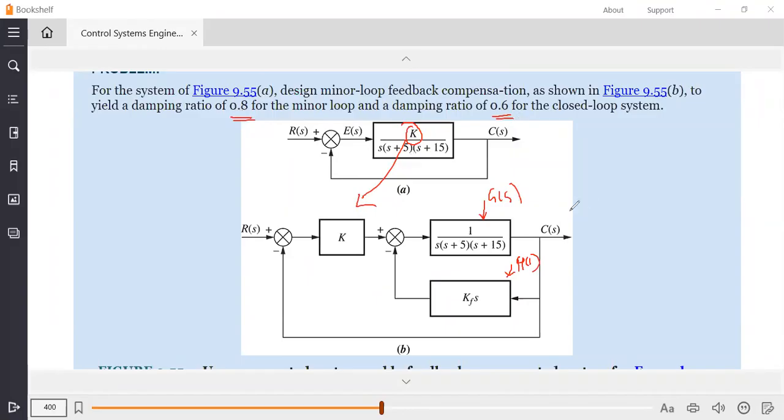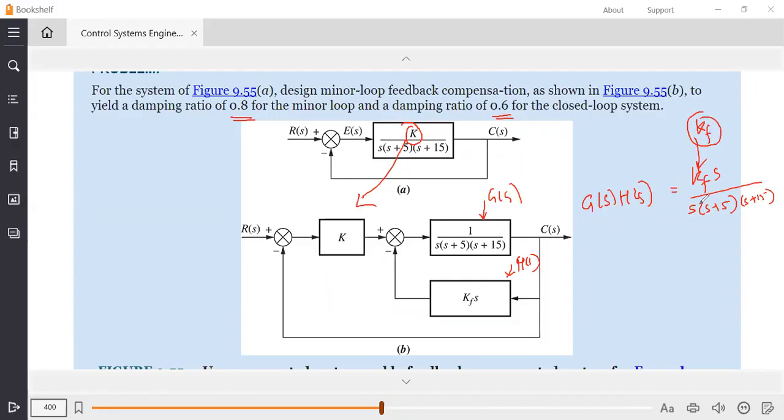So from g of s, h of s, which in this case is kf s divided by (s plus 5)(s plus 15), where kf is the value that you're changing to find the root locus.